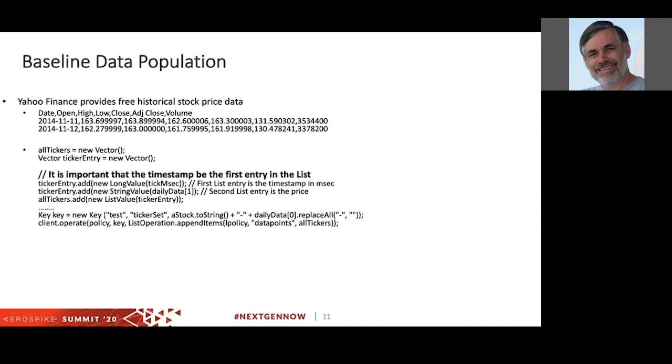We use one operate API call to append all those items to my list in my record for that day. So the symbol and the date is the key, and then all of the data points are stored in the list.